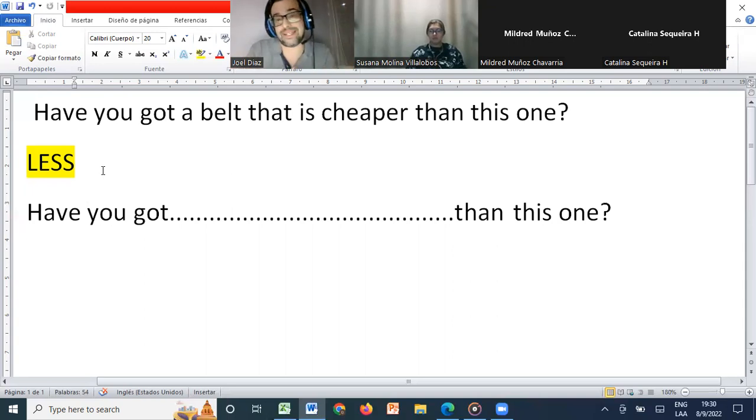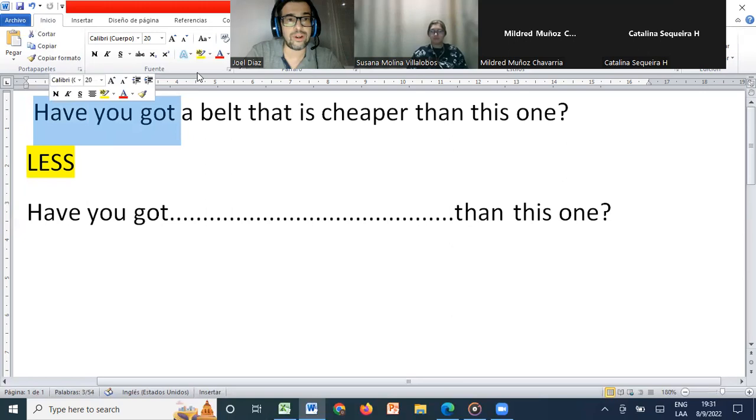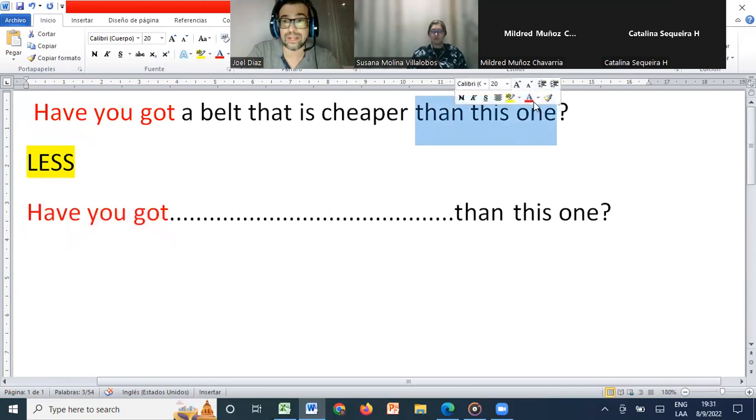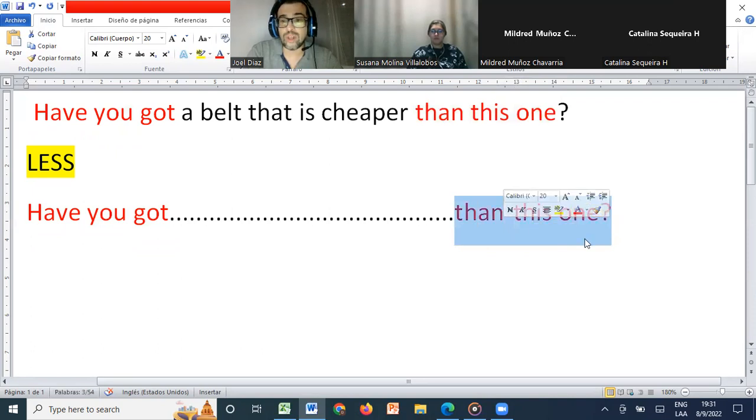Something that can help us, dear teachers, is that we can, for example, cross out the parts of the sentence that are repeated. For example, here we have "have you got", and we also have "have you got" here, so maybe we can just cross it out. And we have this one also, which repeats in the first and second sentence, so maybe we can cross them out, okay? So why am I doing this?